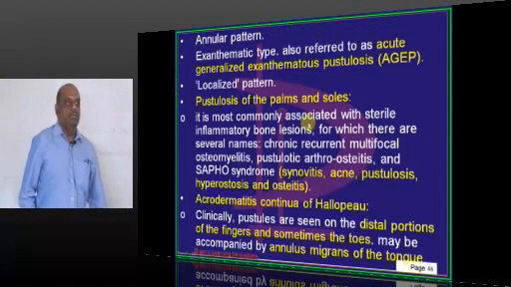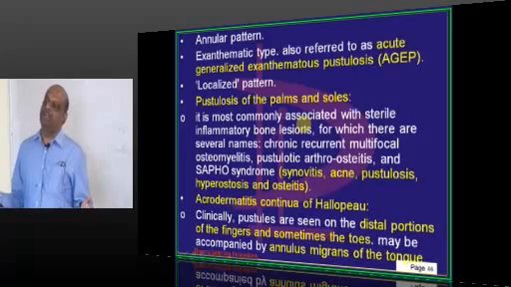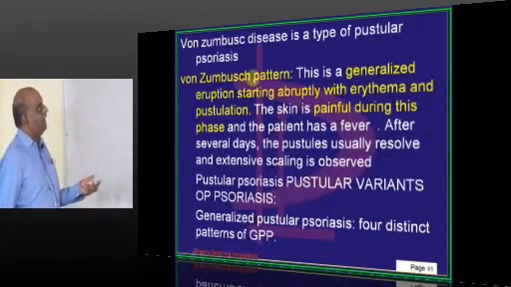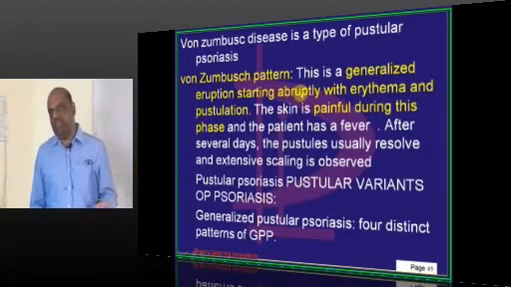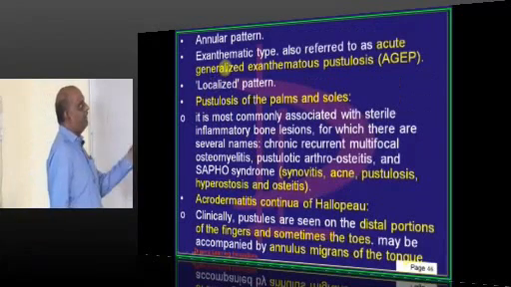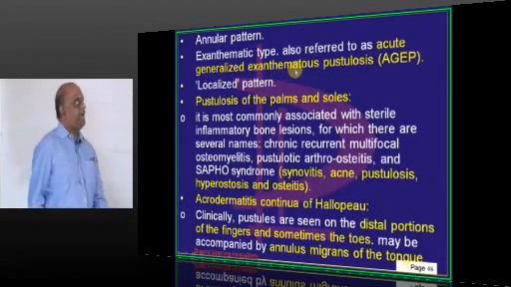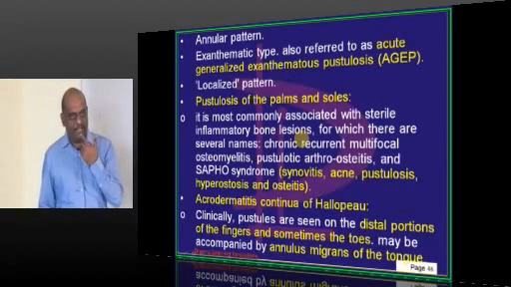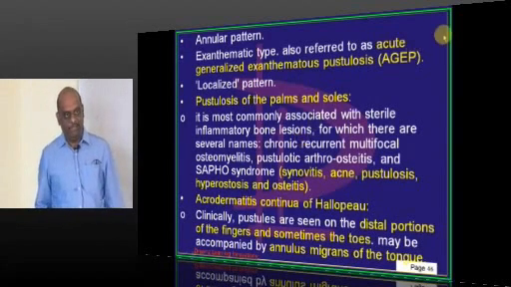Then there are some other varieties of clinical presentation of psoriasis, especially pustular psoriasis. One is called von Zumbusch. Then you have the exanthematic type. Enanthem means a rash inside, exanthem means a rash outside.